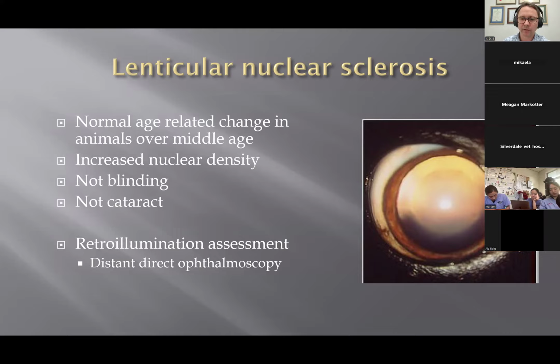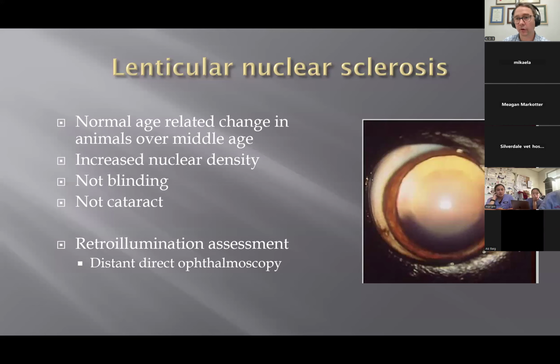But there's a condition called lenticular nuclear sclerosis, which occurs in all species beyond middle age. This is where the lens itself, as it ages, becomes more compressed and denser. It also becomes less perfectly transparent. And you have this grey, bluey looking pupil, rather than that jet black pupil that you would expect to see in a younger animal.